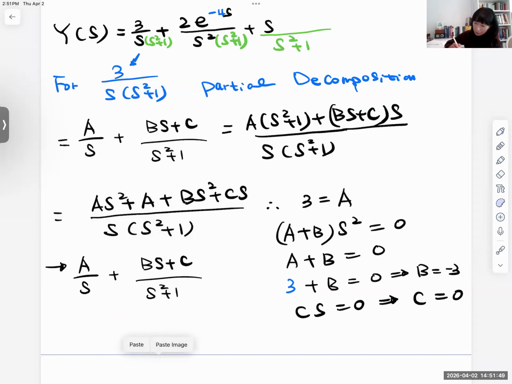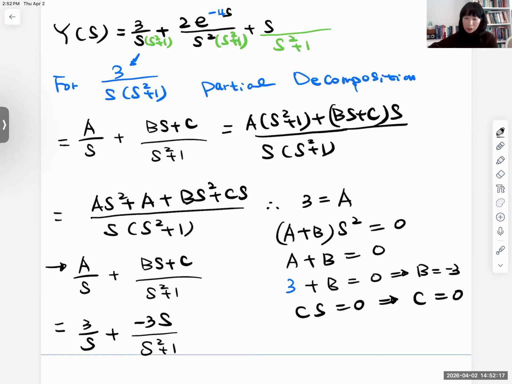So we will get a 3 over s, b -3s, c plus 0. We don't have to write down 0 over s squared plus 1. Okay, that is the first term. Okay, second term.